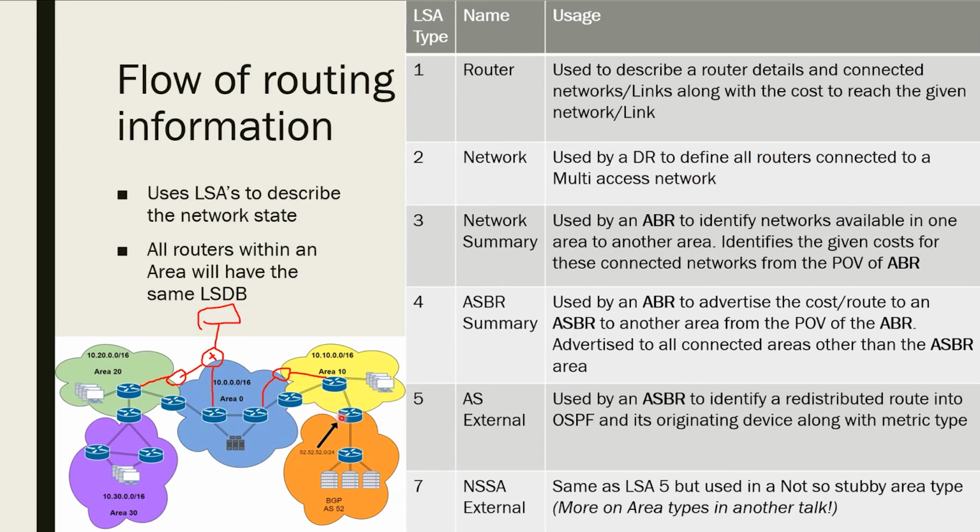From that, you can path select because you've got the cost of the links inside the type 1s, and happy days. But once you're outside of your local area where your ASBR is, you don't know how to reach the router ID of the ASBR because you don't have the type 1s to reach that.